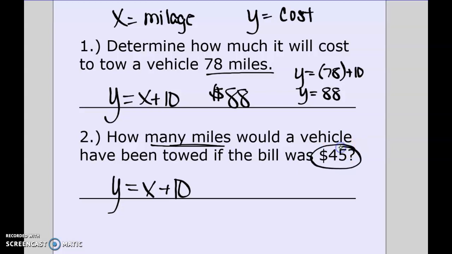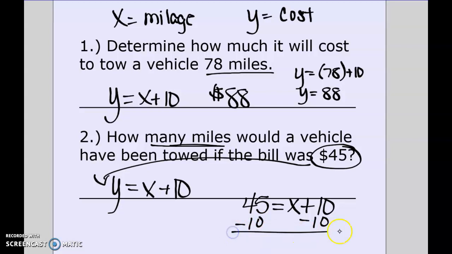The bill was $45, so that goes to your y value. So it's going to be 45 equal to x plus 10. And now I'm going to solve for x. So I'm going to subtract my constant on both sides. And then I get 35 is equal to x. So that means they drove or towed the car 35 miles.